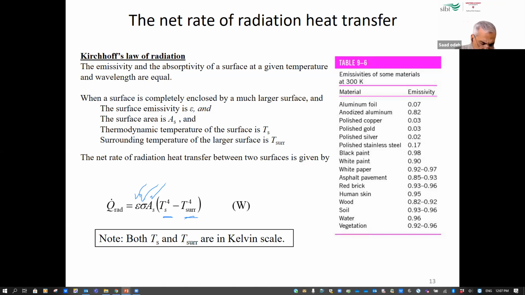For example, if I need more radiation, should I use the red brick, or should I use, let's say, aluminum foil?